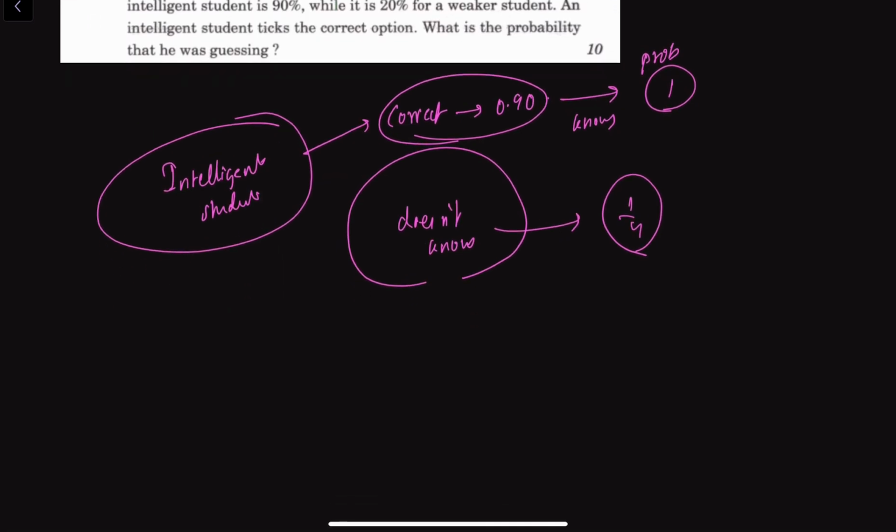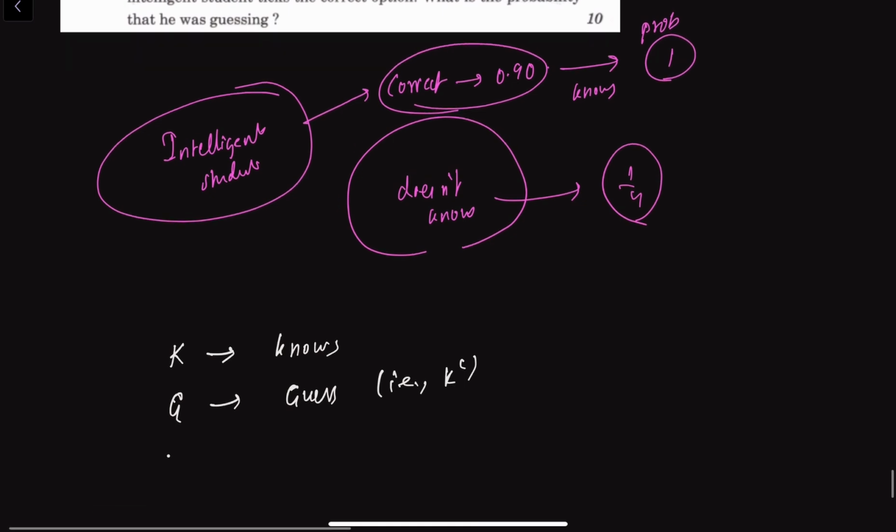Let K be the event that he knows the answer, and let G be the event that he is guessing the answer. So G is nothing but K complement. And let C be the event that he is opting for the correct option.